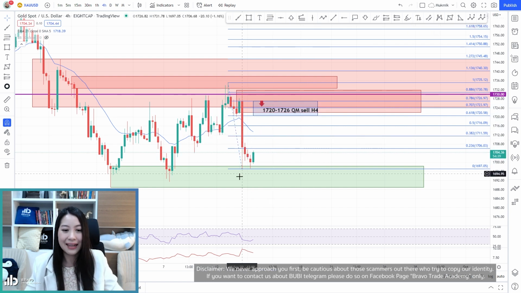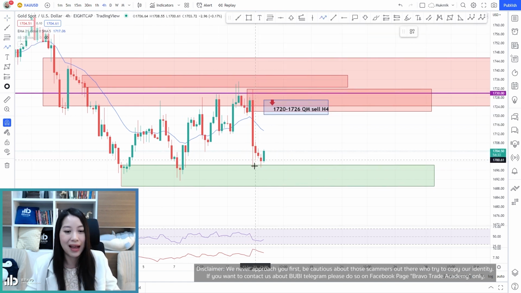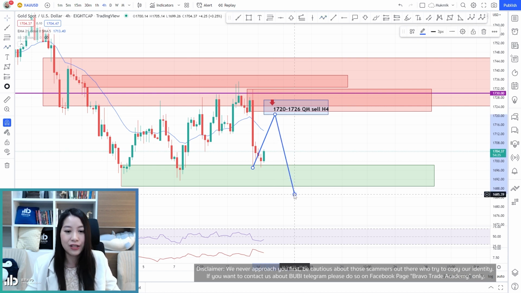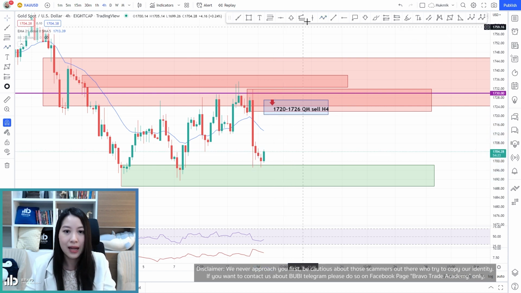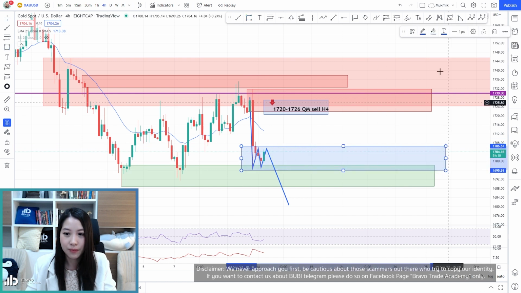However, as this demand zone is quite weak, it might not have enough buy power to shoot the price back up to the QM sell that we are waiting for. So another chance is that the price could have this drop, maybe forming a base here, and then drop again. So we will have our brand new zone, which is the supply zone here.